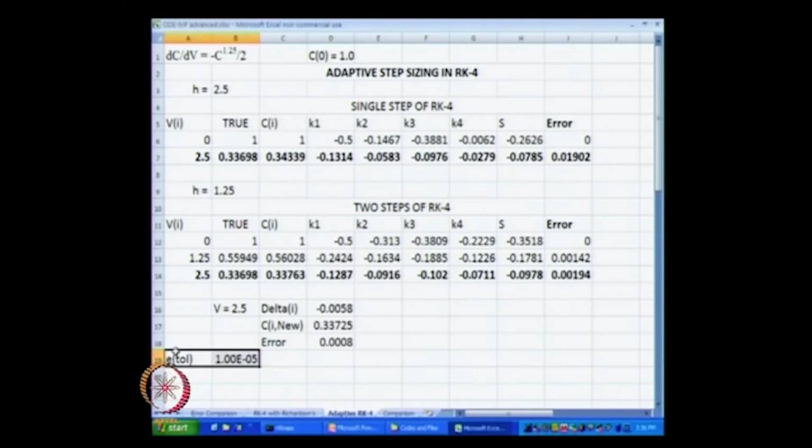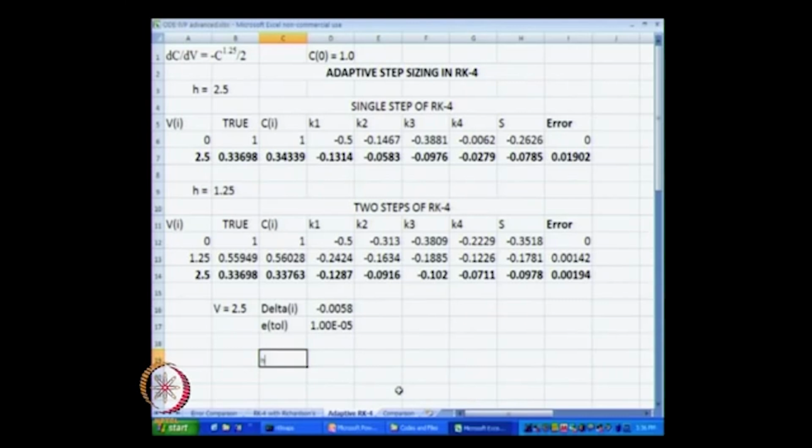I will just take this, pull this over here. We do not need the Ci new and error actually, okay. So our desired tolerance value is 10 to the power minus 5, whereas the delta that we are getting, the difference between the Ci computed using h by 2, and the Ci computed using h, is 5 into 10 to the power minus 3.